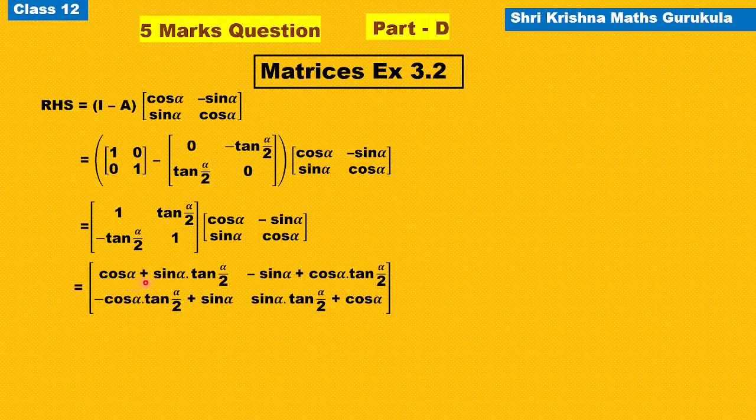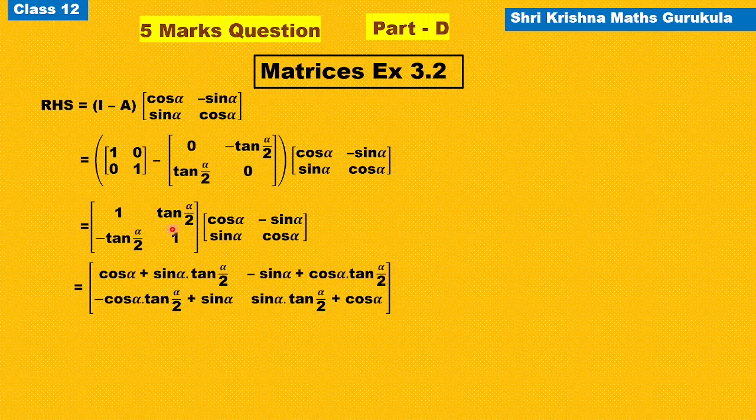So it is cos alpha plus sin alpha into tan alpha by 2. Now the first row with the second column. We multiply the corresponding terms: 1 into minus sin alpha, which is minus sin alpha, then plus tan alpha by 2 into cos alpha. This is the second term.